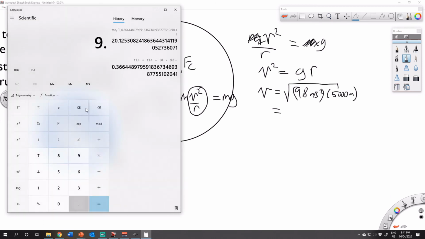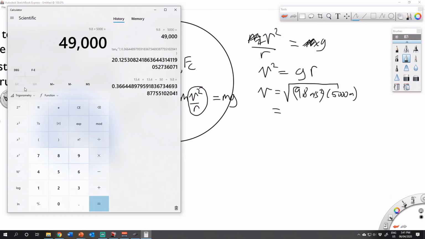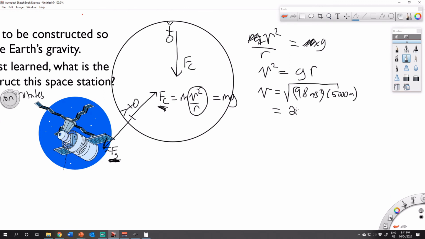So 9.8 times 5,000, and then we'll square root that. So I have to rotate my space station at 221.3 meters per second, or with proper significant figures, about 220 meters per second, give or take.